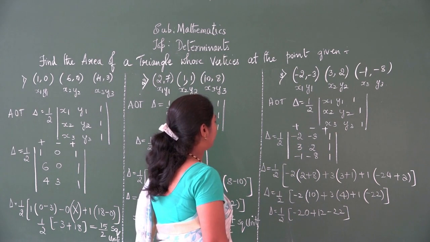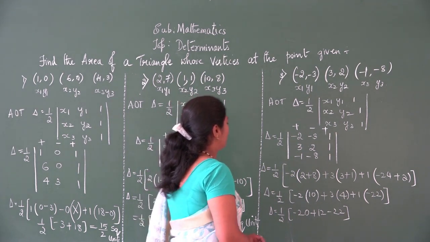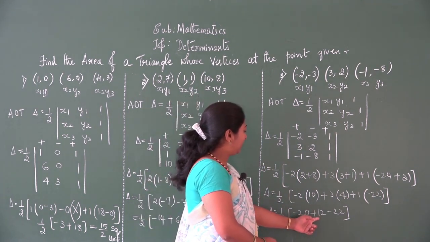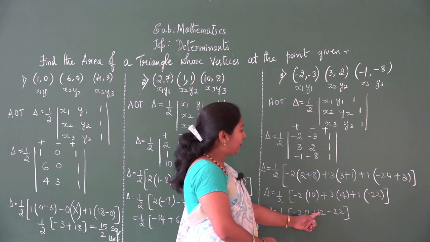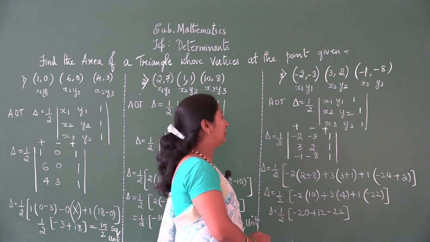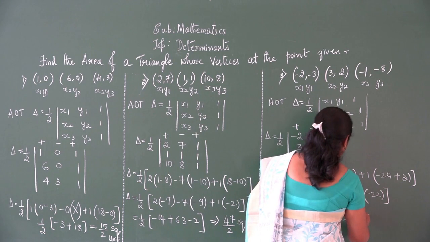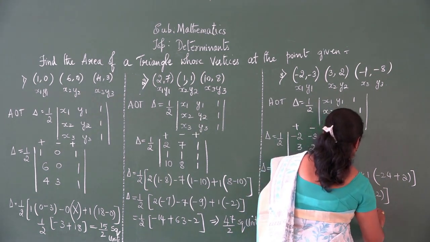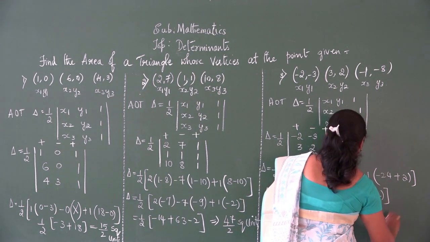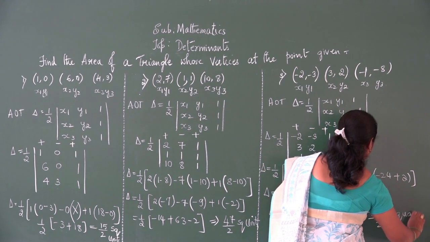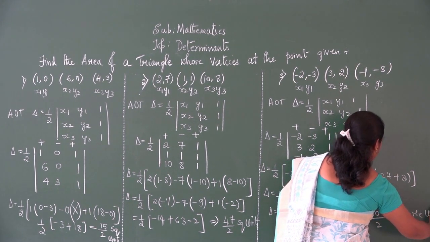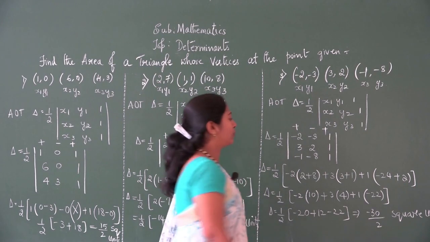Minus 20 plus 12 minus 8, minus 8 minus 22 minus 30, which is equal to minus 30 by 2 square units.